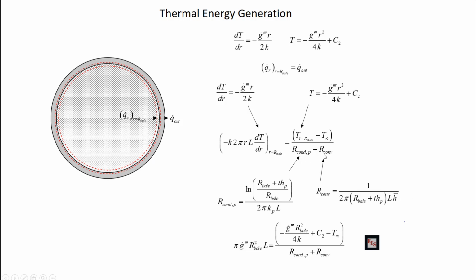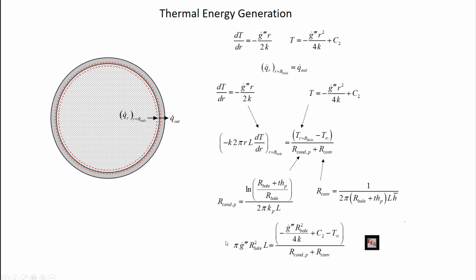These are my resistances. And then the other thing I have to do is substitute my general equation in for this temperature gradient and this temperature, right? So I take this equation here and evaluate it at r equals R bale and plop it into here. I take this temperature equation here and evaluate it at r equals R bale and plop it into here. And I end up with this equation here, right?